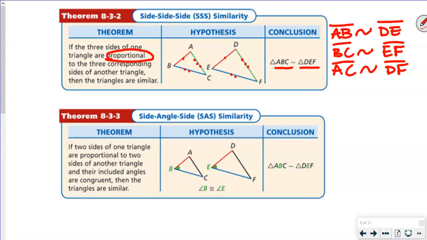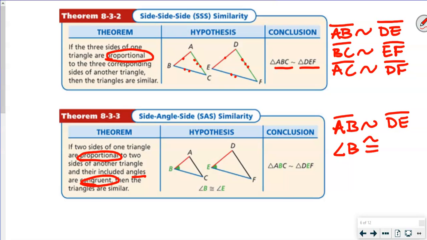So again, if 2 sides of one triangle are proportional to 2 sides of another, and their included angle is congruent, okay? Key, okay? So we have, again, AB is similar to what? DE, right? DE, okay? Then we have angle B is congruent to angle E, okay?